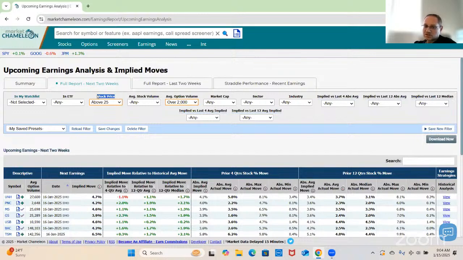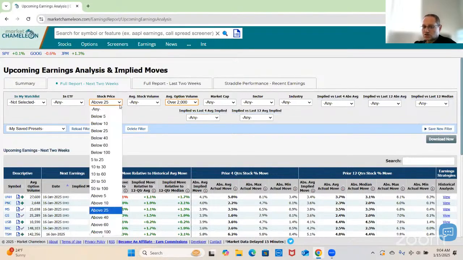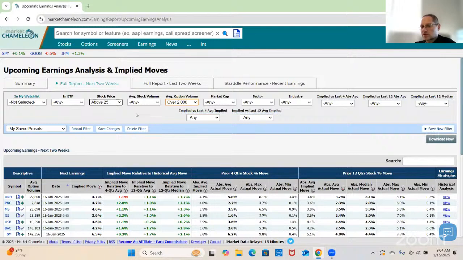The stock price by default is set to above $25. You could change it, but because we're analyzing these upcoming earnings from the perspective of options and stock moves, we set it to $25. And also the average option volume is set to be above 2,000 contracts per day.